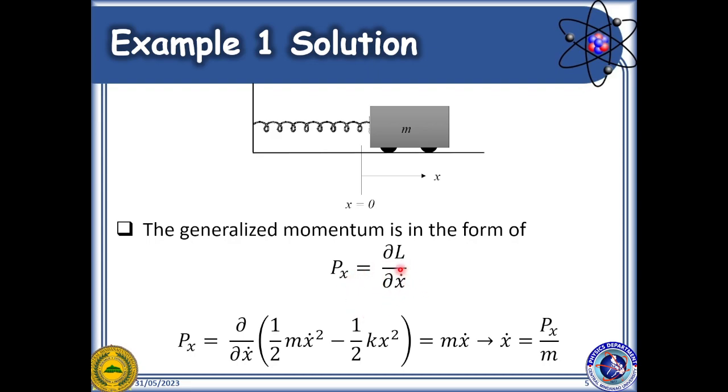Simplifying this equation, as you can see here, we get px is equivalent to m x dot. Manipulating the equation, we can express x dot in terms of the momentum px. So x dot is equal to px over m.